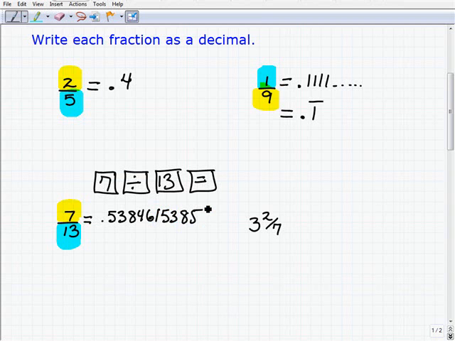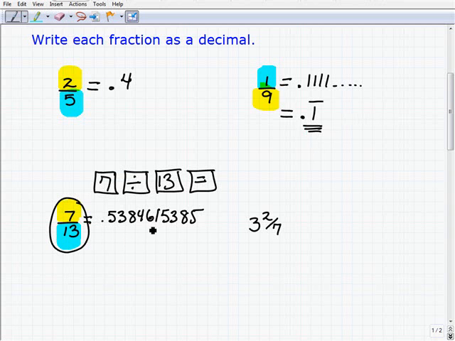But actually, any fraction, the technical definition of a fraction is what we call a rational number. And rational numbers, when you write them as a decimal, are either going to turn into one of two types, either repeating decimals or terminating decimals.